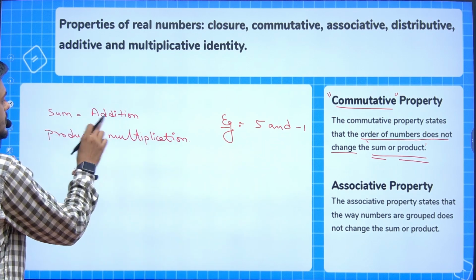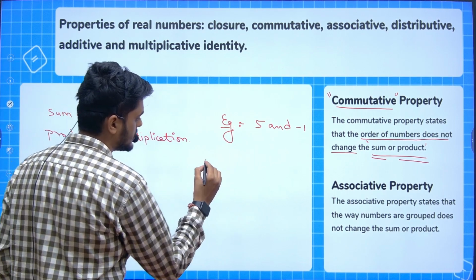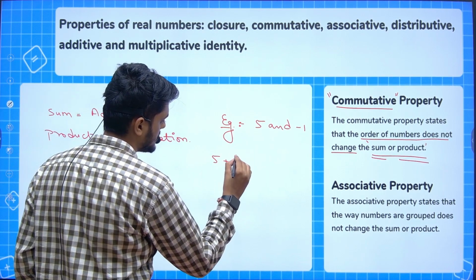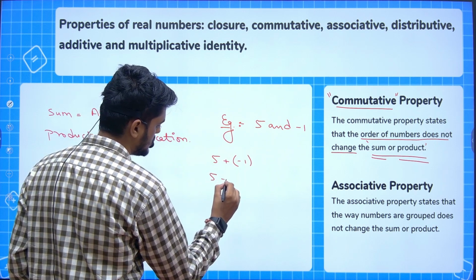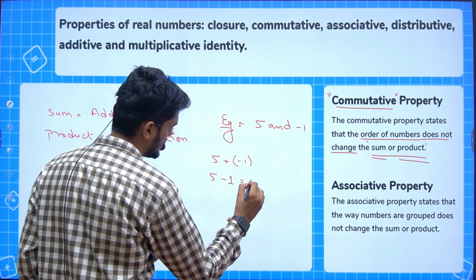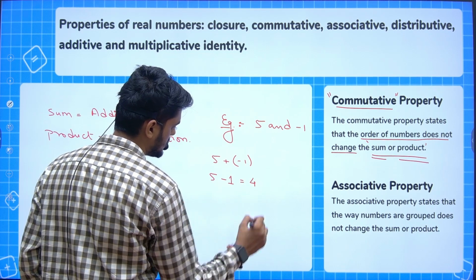Now, if I add both of them, 5 plus of minus 1, this will conclude to 5 minus 1, and that is equal to 4.